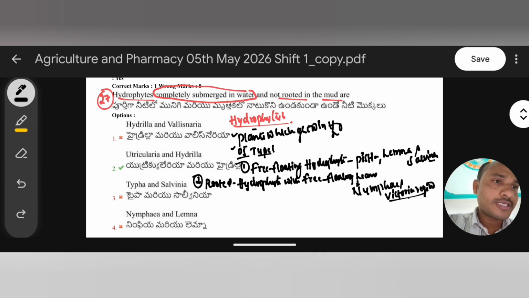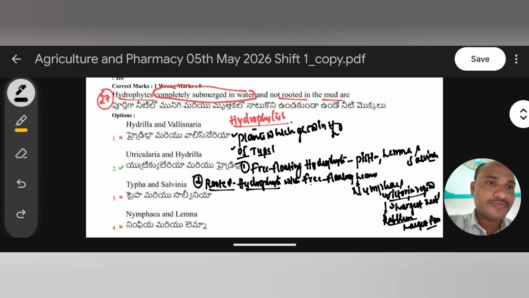Victoria regia has the largest leaf. Previously, the largest flower is Rafflesia, but the largest leaf is Victoria regia. So it belongs to rooted hydrophytes with floating leaves. Their leaves float freely on the surface of water.